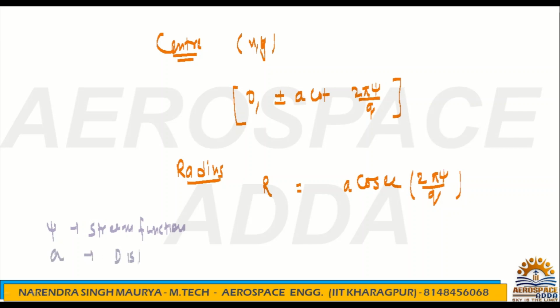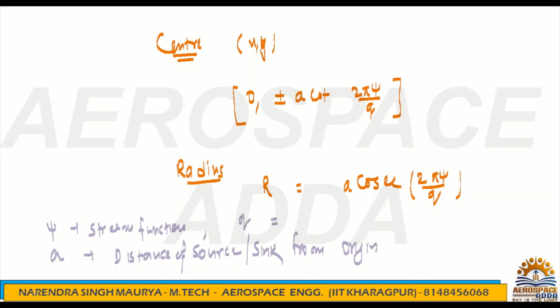Distance of the source or maybe sink also, the same distance from the origin. What is Q? Q is nothing but the strength of the source or sink, right? I hope this one is very clear.